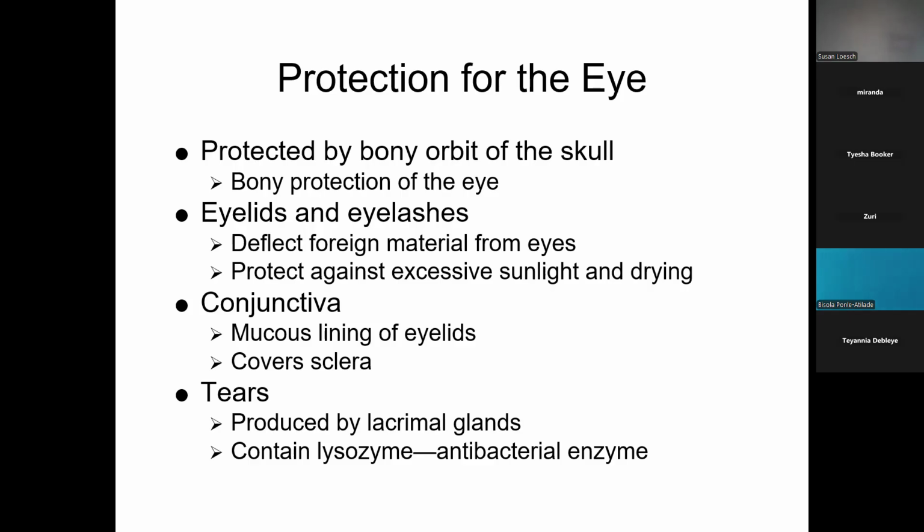Tears form in the lacrimal gland on the superior lateral part of the orbit, and then they flow across the eye into the medial corner, into the nasal cavity through the nasolacrimal duct, and the tears keep the eyes moist and healthy. Sometimes with babies, that lacrimal duct can get clogged up, and you may have had to massage your own babies' or someone else's lacrimal ducts to try to get those tears to flow.